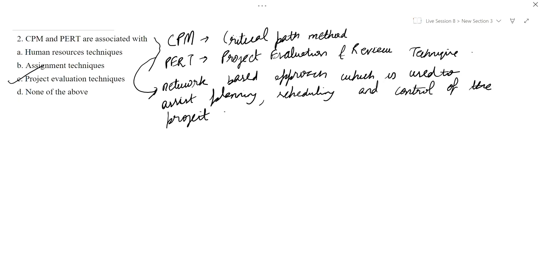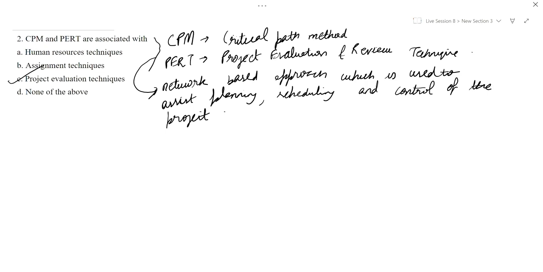Now we will briefly discuss what is CPM and what is PERT. So CPM is the critical path computation method and PERT is the project evaluation and review technique.